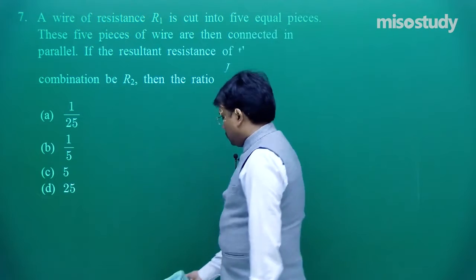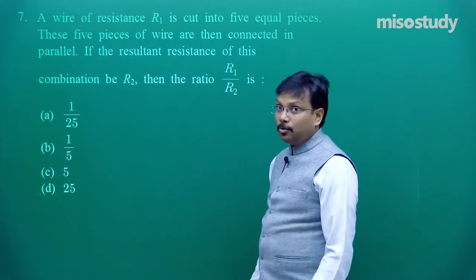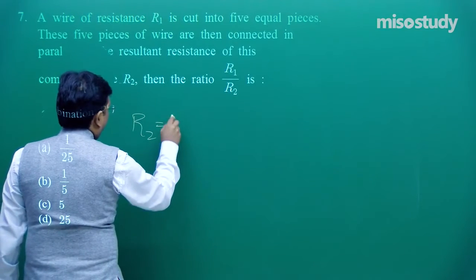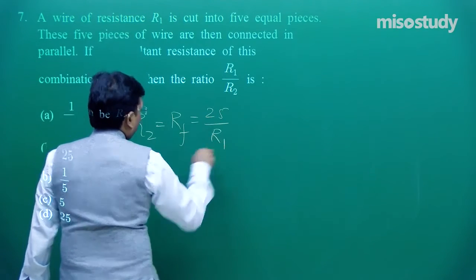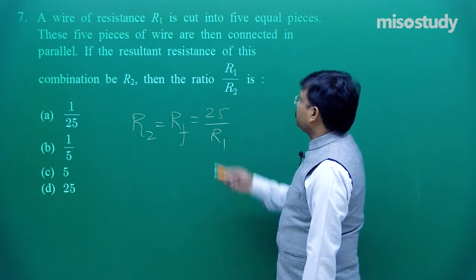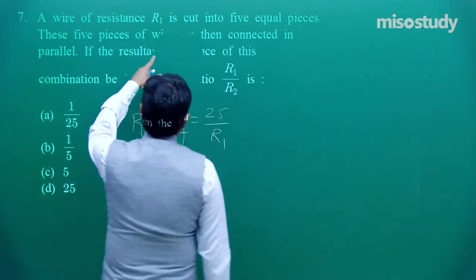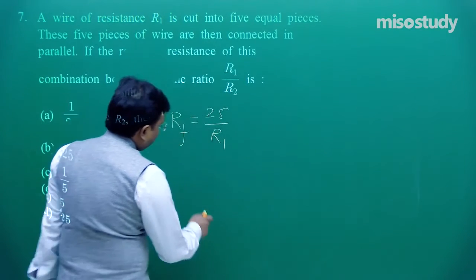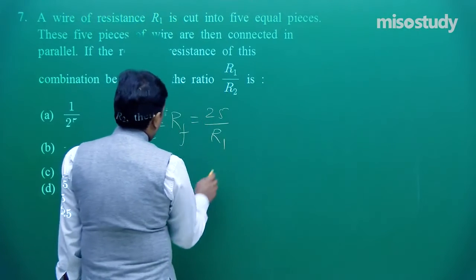Now, if the resultant resistance of this combination is R2, then the ratio R1 by R2 is how much? So, now R1 is R1, and R2 is going to be your answer, 25 upon R1.